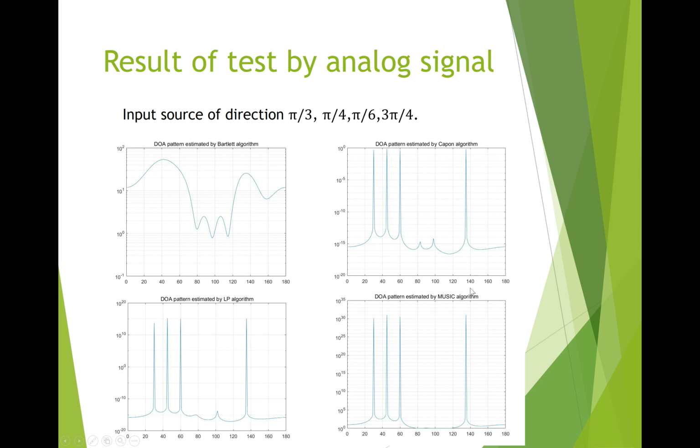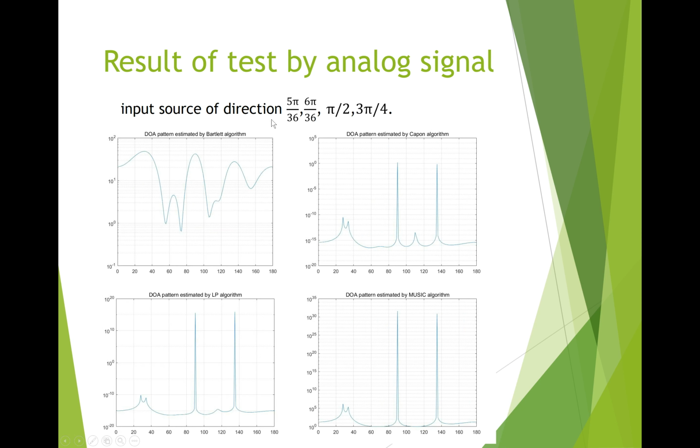However, the remaining algorithms can effectively distinguish between these 4 input angles. However, except for the MUSIC algorithm, there are some small peaks in the Capon algorithm and LP algorithm, which may cause some error output.